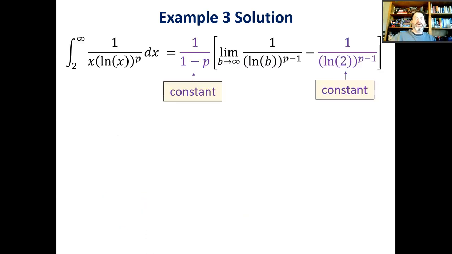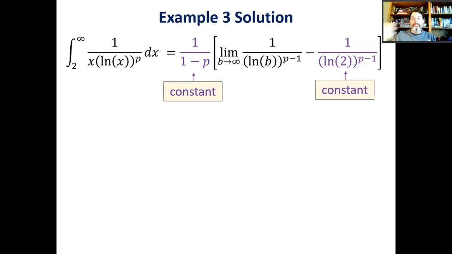So what I noticed is, because these are constants, that really all I have to worry about is this. In other words, if this diverges, then the constants don't change whether it diverges or not, right? Divergent plus a bunch of constants or times a bunch of constants is still divergent. But if it converges, a convergent sum times a constant is still convergent.